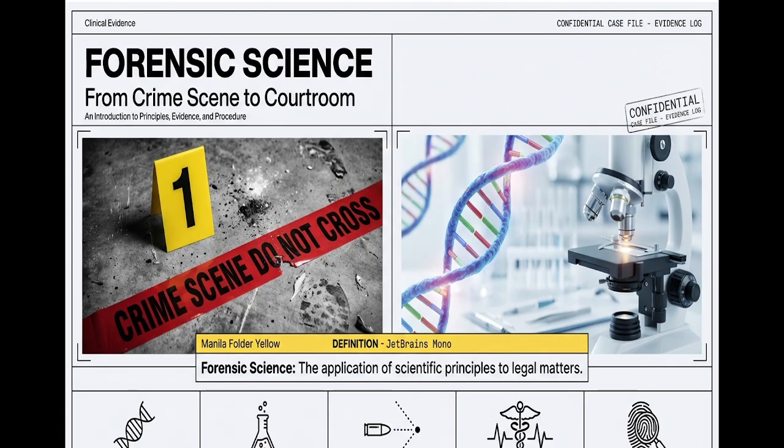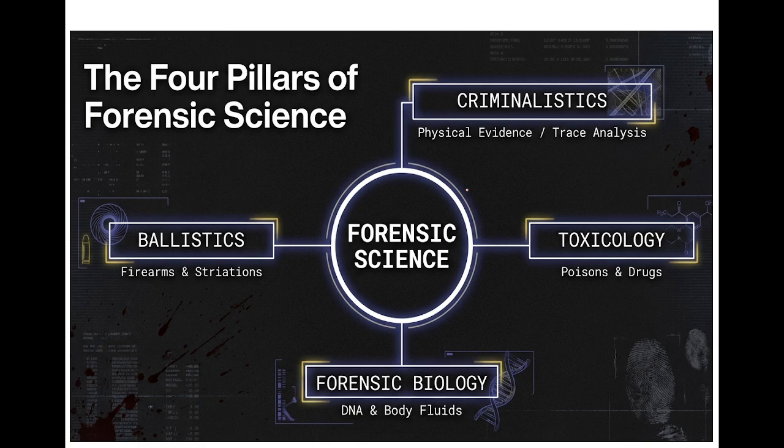So, crime scene. Forensic science generally has four pillars. Let's call them pillars, four columns. They're all important, but in no particular order. I'll start with criminology or criminalistics. Criminalistics involves everything to do with crimes and physical evidence.